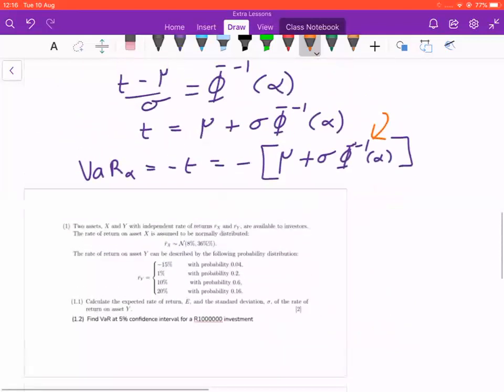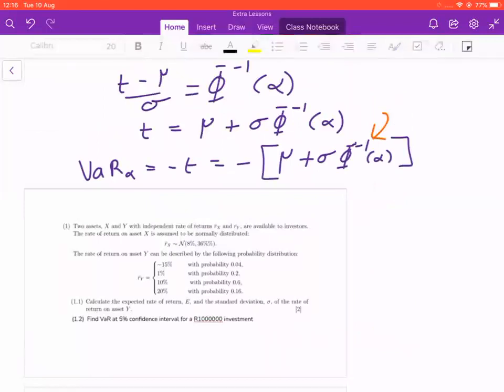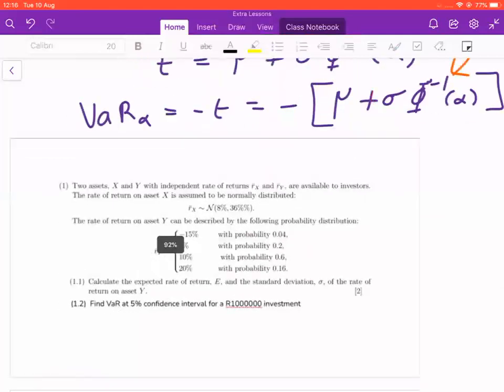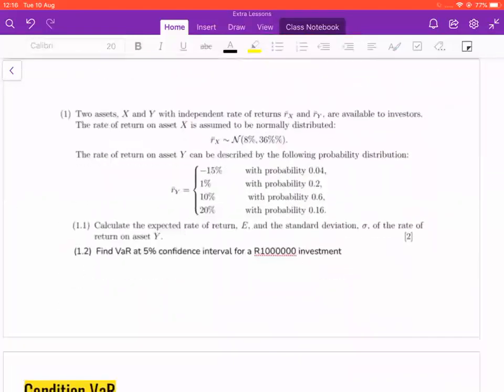So the next question, actually we have two questions in the same place, right? Let me see how many questions I have down there. Okay, so we have two questions which come together. We have x and y being independent rates of return.